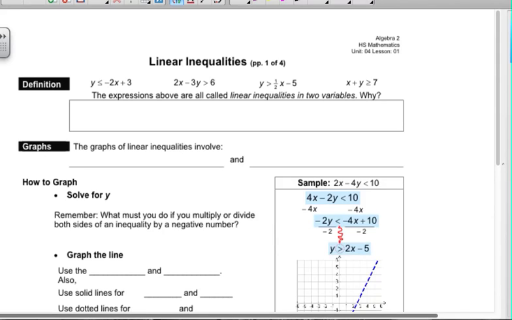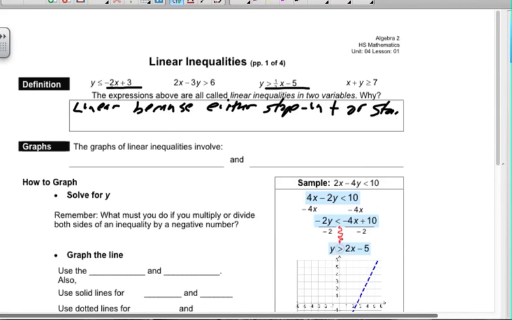Why? Linear because they're either slope-intercept, which would be this one and this one, or standard form lines.